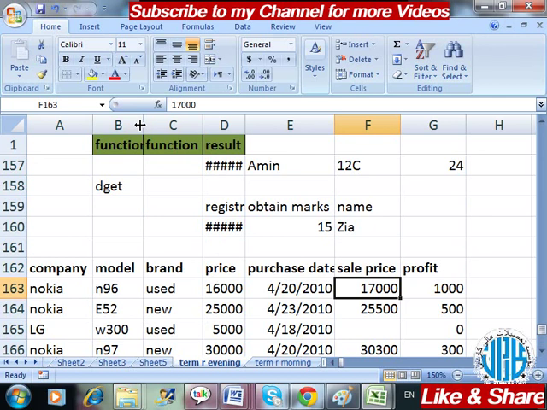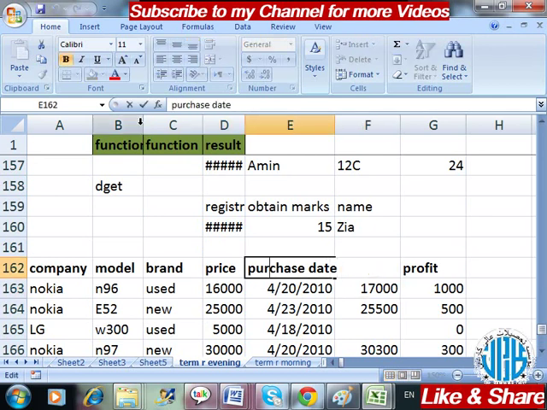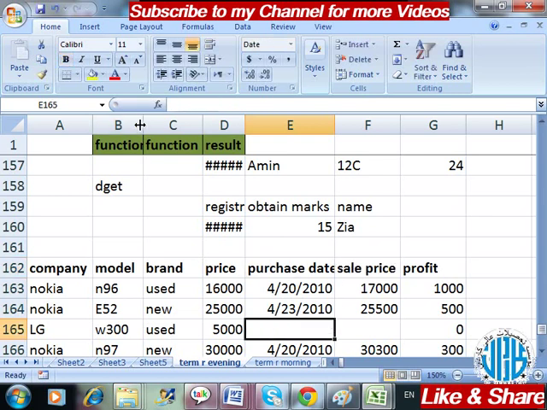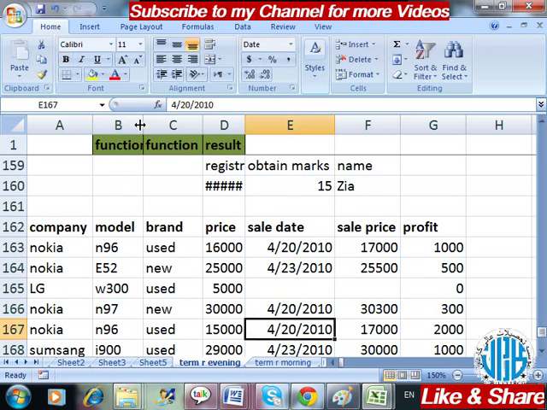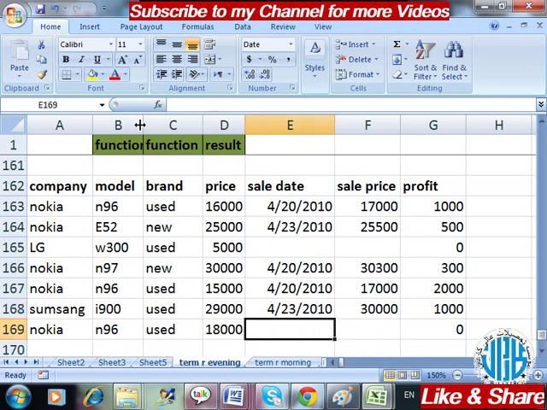Sale date is not there, so instead of that we are going to make it sale date, and you write the sale price there. Right now it has not been sold, so no sale date is there, but you have purchased it.